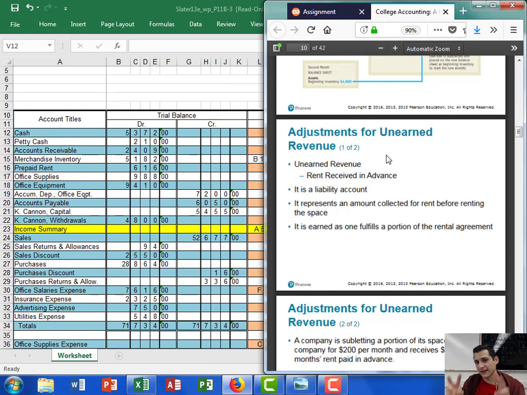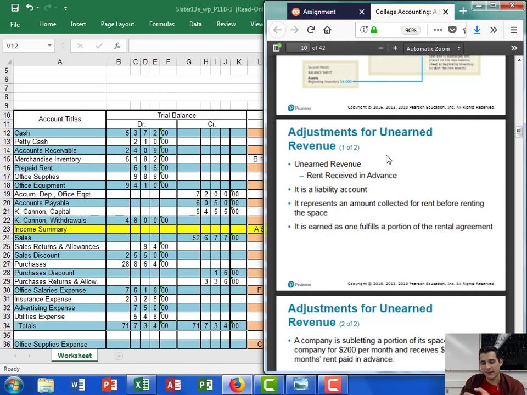so you have that money in your accounts, but you haven't necessarily earned it yet, because whoever's renting from you can come back and say, hey, I may have paid you 4 months in advance, but I'm only going to pay this month's rent, and then I'm going to be leaving.